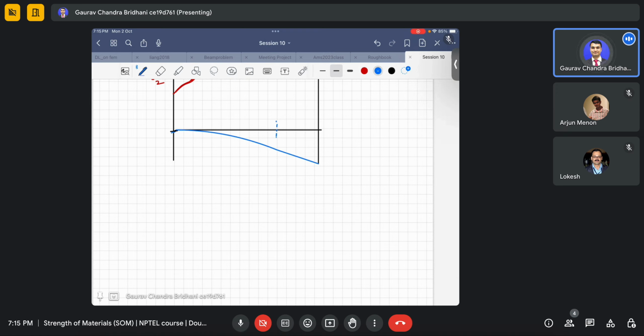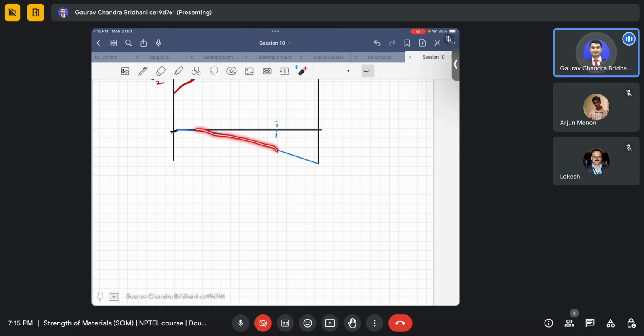This point is important. After this it's just like a straight line because it doesn't have any bending moment there. So it's like a rigid body rotation. Because the other part of the beam is connected to it, this part just has to follow it, and this portion will not have any curvature.